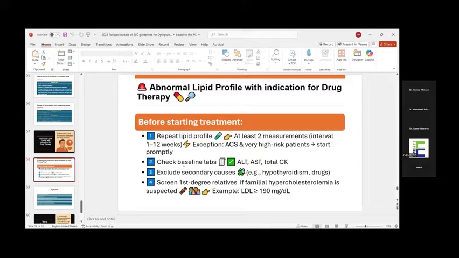Check baseline liver enzymes and total CK, exclude secondary causes such as hypothyroidism and drug causes of dyslipidemia, and don't forget to screen the first degree relatives in patients with familial hypercholesterolemia, and we suspect familial hypercholesterolemia if we have an LDL cholesterol level of 100 milligram or more.